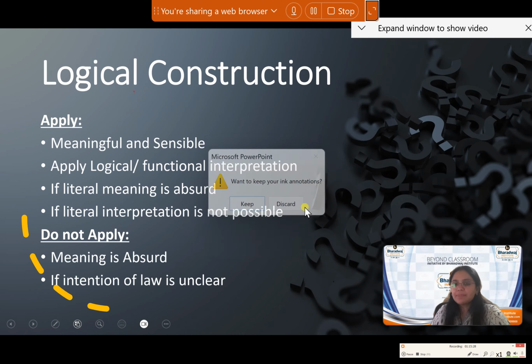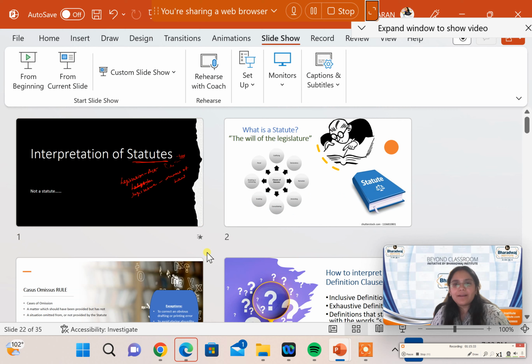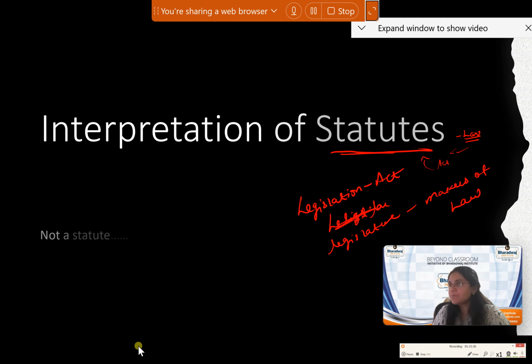Because the author is the person who perceived the character. So we will try our level best to put ourselves into the shoes of the author to understand the characterization of a particular person in the novel. Similarly, if you are learning a statute, we should put ourselves into the shoes of the person who drafted it and then look at it.